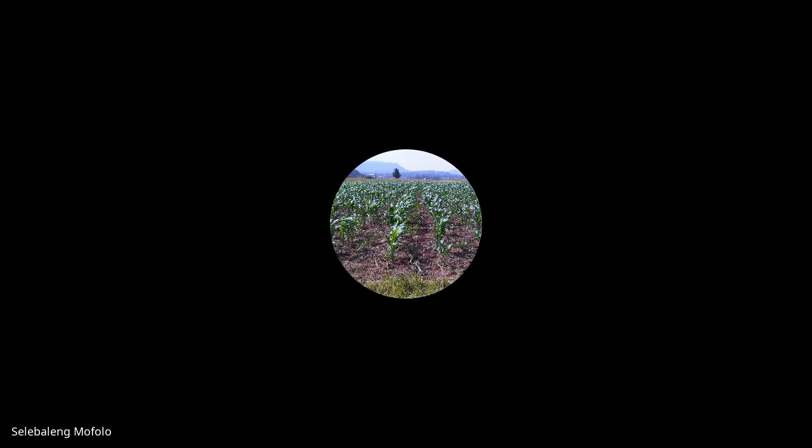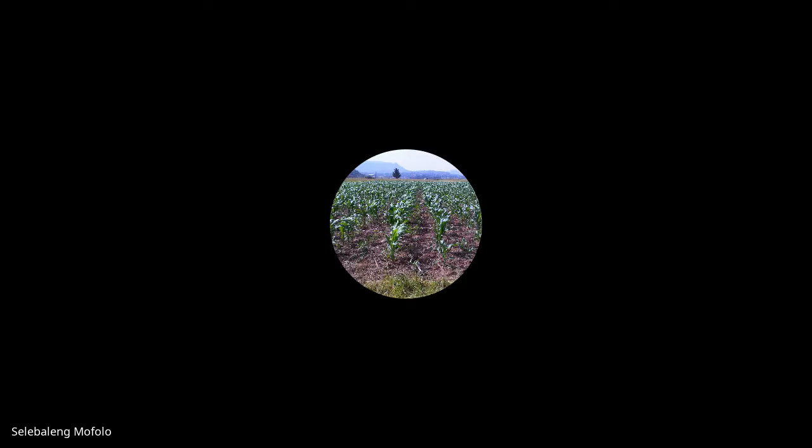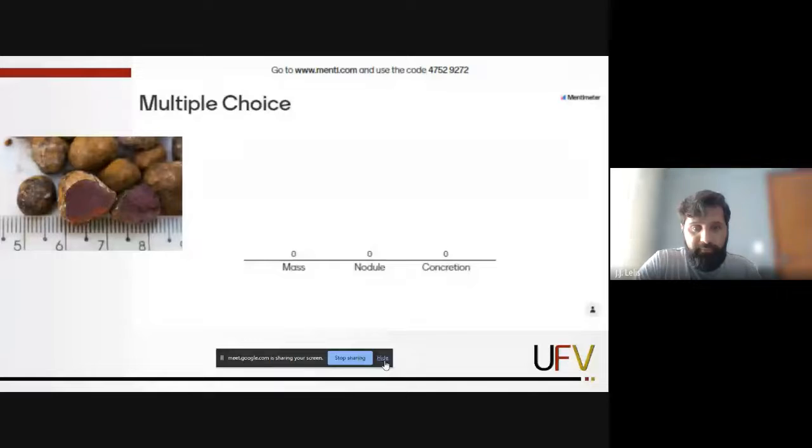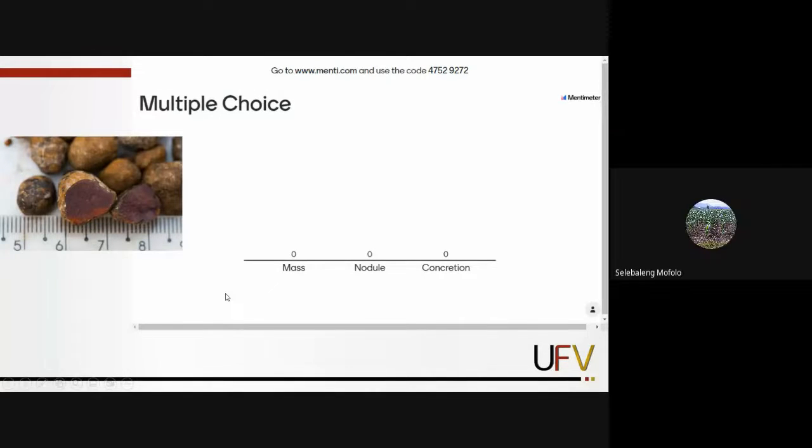Because it has that cemented feature and it's visible. Unlike a mass, where we said it's not cemented, we can easily break. Yes. Yes. But we agree it's not a nodule as well, because we said a nodule has layers.